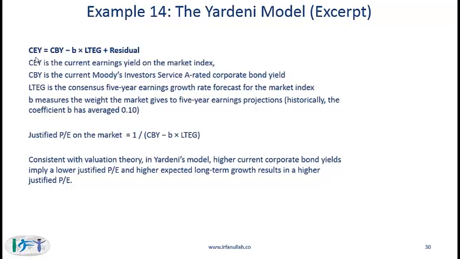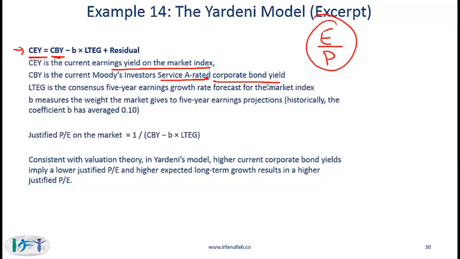It says that the current earnings yield on the market index, which is that same E over P, according to the Yardeni model, should be equal to CBY, which is the current Moody's Investor Services A-rated corporate bond yield. So how is this different from the Fed model?